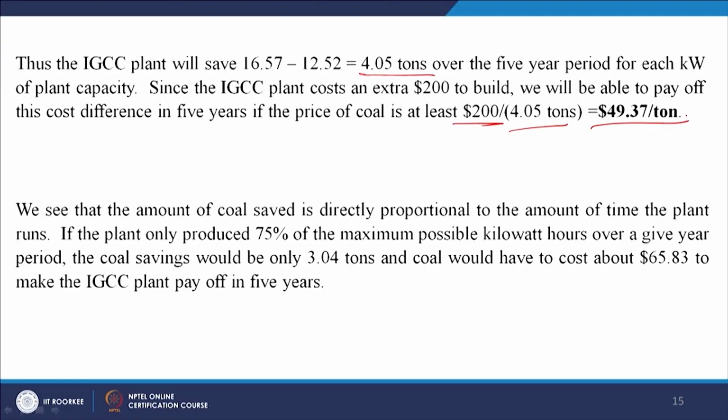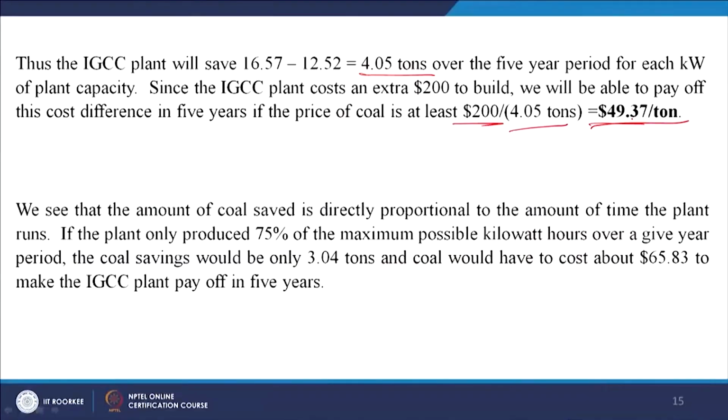Now, it can be possible that the plant is not running with full load. So, how efficiently it is running will vary, and that will also influence this. So, one other case I have just shown you, that is if the plant only produced 75% of the maximum possible kilowatt hours over a given 5 years, then the saving will be 4.05 into 0.75, that is equal to 3.04 tons.